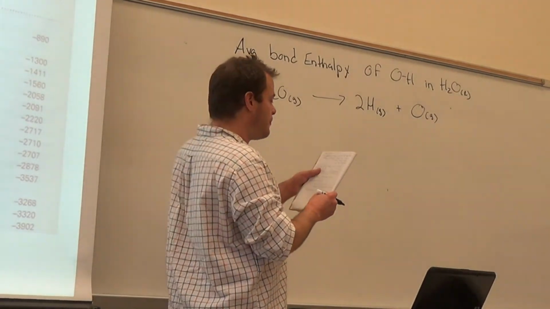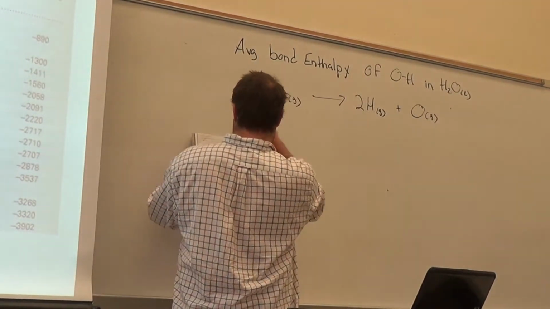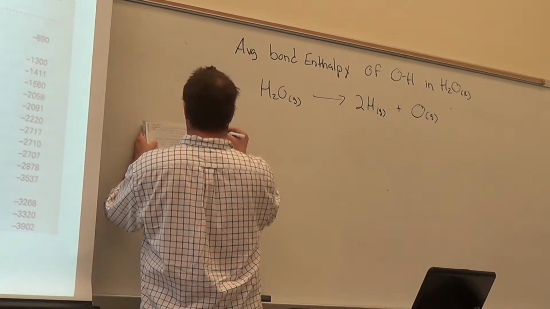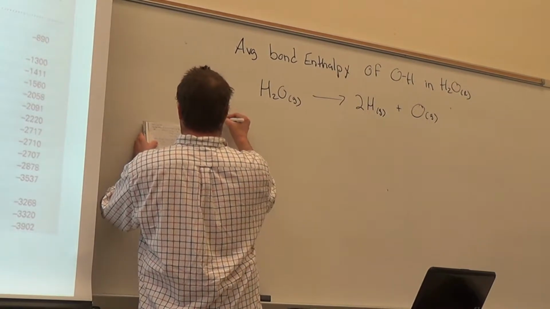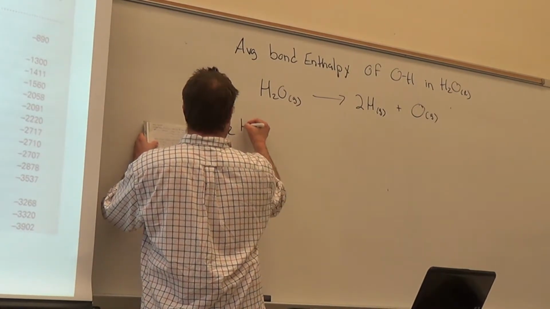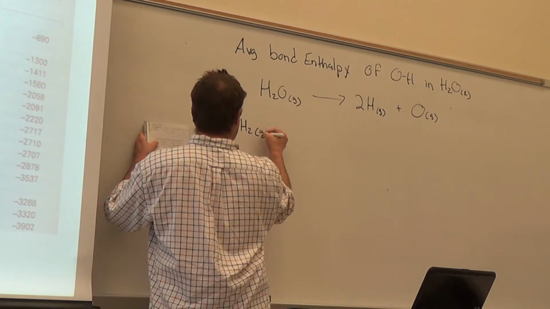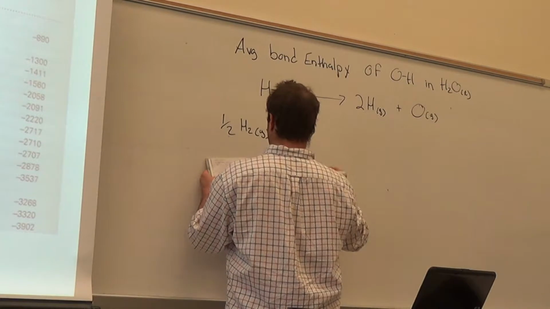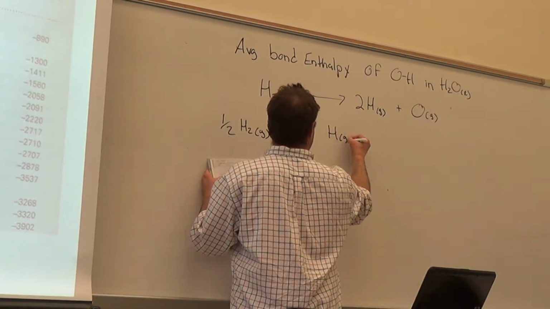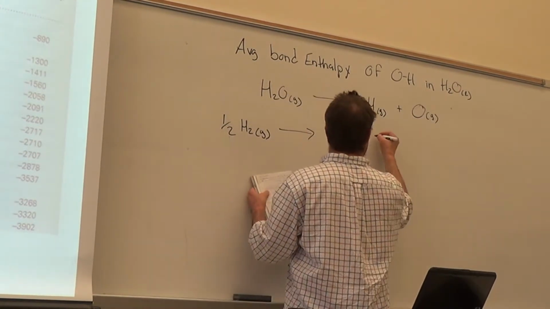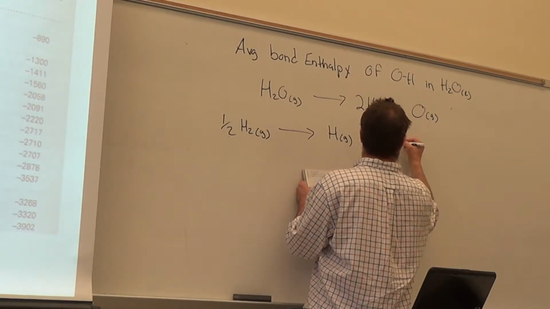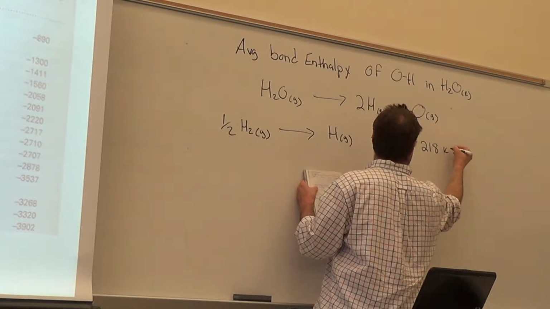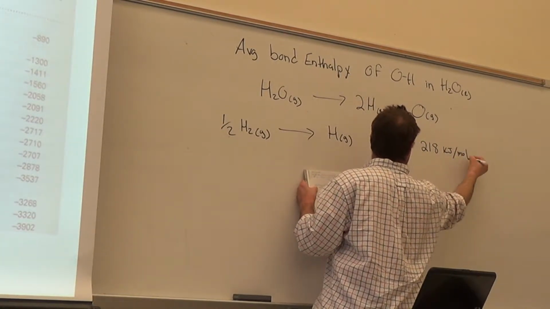And what I'm going to tell you is that I've got a series of different reactions that I know the enthalpies of. If I take 1/2 H2 in the gas phase and I break it apart into hydrogen in the gas phase, I will get a delta H of 218 kilojoules per mole.